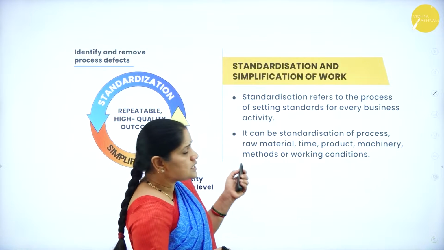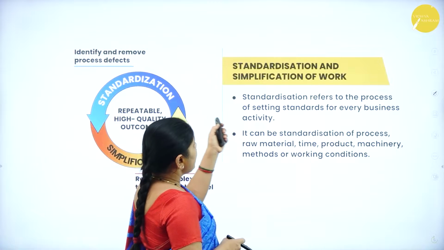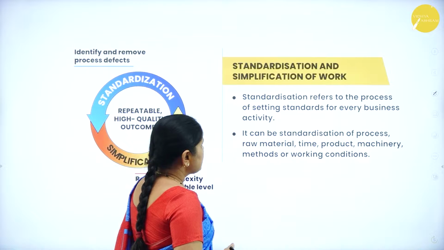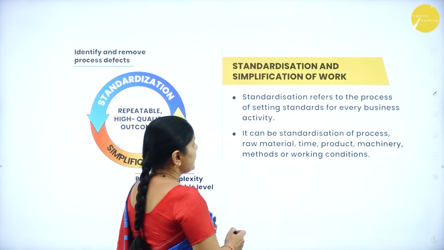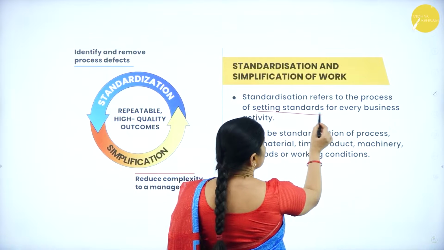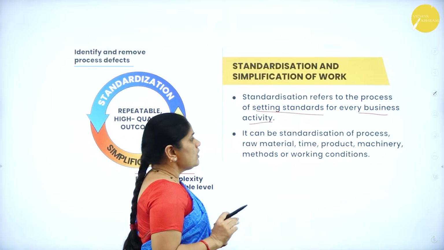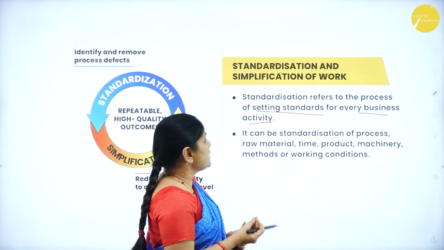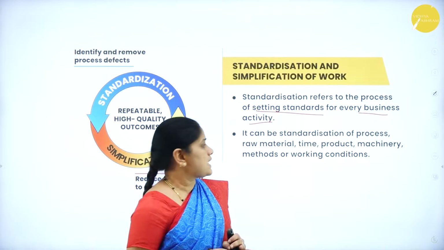Next, the next technique of scientific management relates to standardization and simplification of work. Now, what is the meaning of the word standardization? Standardization refers to the process of setting standards for every business activity. Now, what are the various business activities?